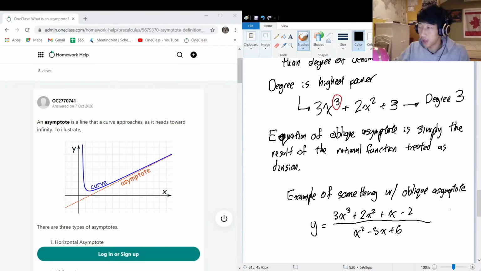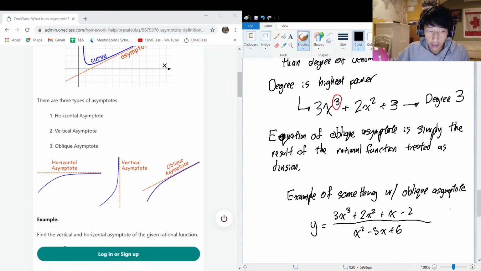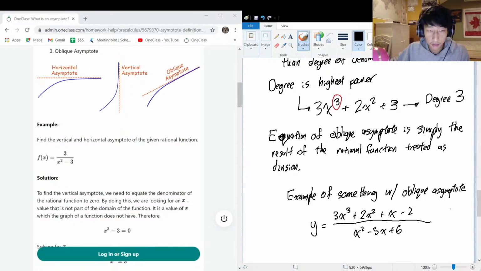This function does have an oblique asymptote, because the degree of the top is 3 and the degree of the bottom is 2. 3 is only 1 more than 2, so if we do the regular division, we would find the equation of the oblique asymptote.